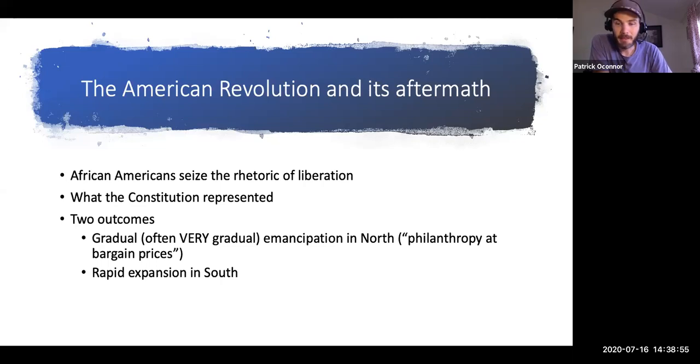Slave-owning elites recognize this. They believe that their entire way of life would be threatened by arming enslaved people. And it's their greatest fear throughout the war, that they won't be able to maintain their mastery, their dominance amid a broader continental war.